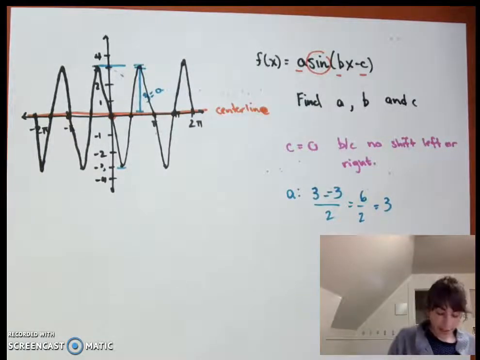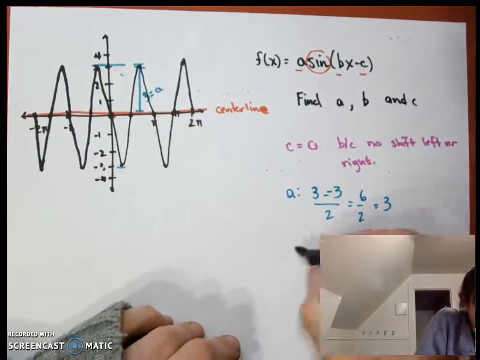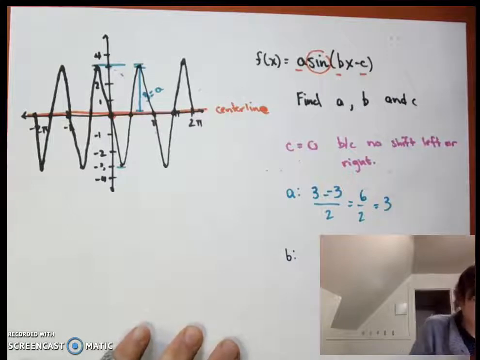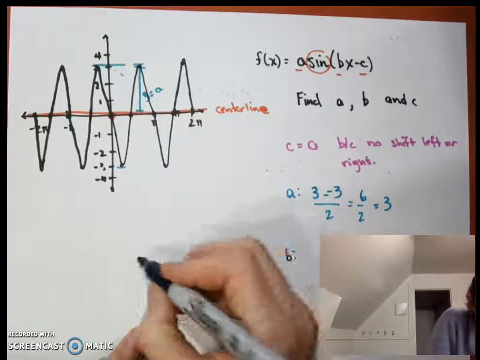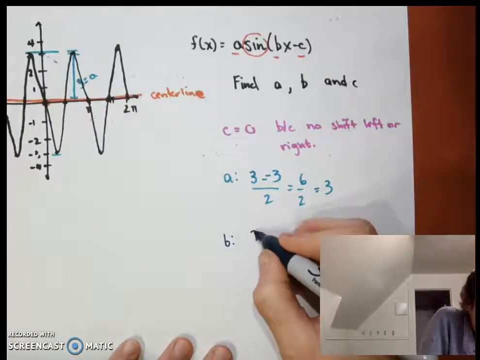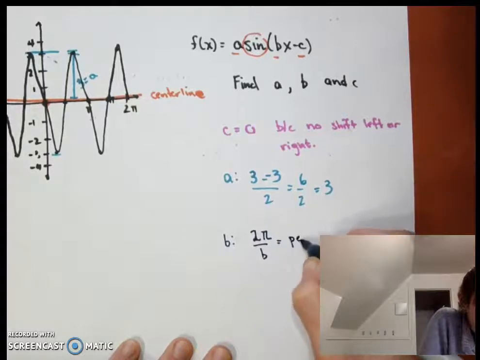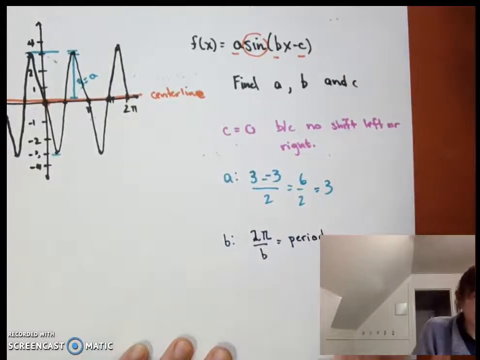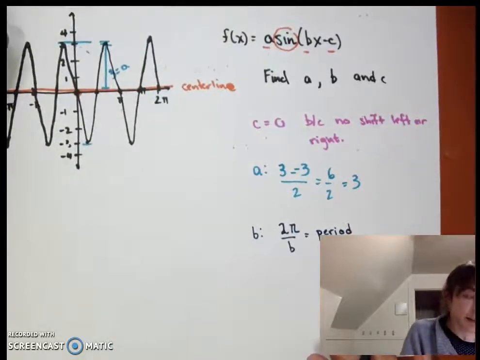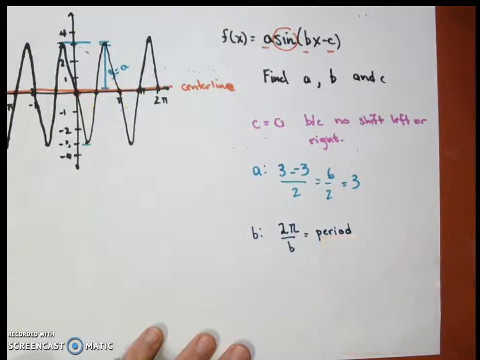Now to find the period, that one's a little bit trickier, or not to find the period, but to find the b. So remember how b was related to the period. So we know that 2 pi over b equals the period of our graph. So let's find the period in this graph. Remember, the period is just the amount of time it takes to complete a full cycle.